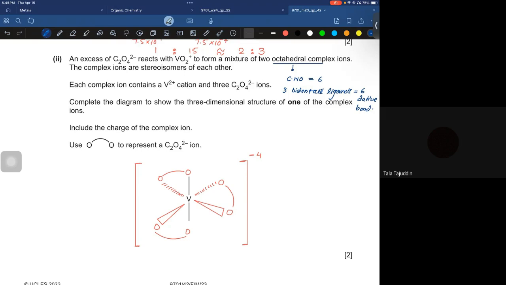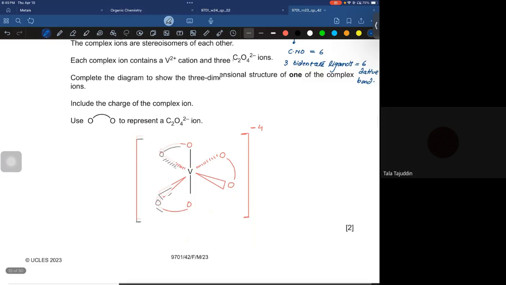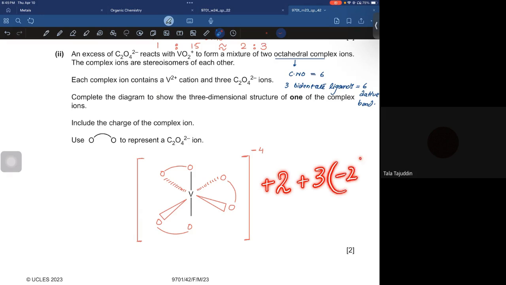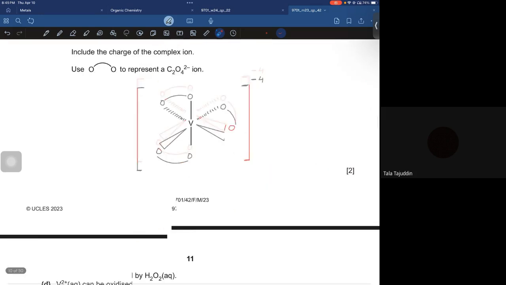Also, they are asking to include the charge. The charge on vanadium is 2+, as they have mentioned. With one vanadium and three ligands, each ligand has a 2- charge, so that would be +2 and -6. Of course, that would be -4 in total. That's the reason I have written -4.